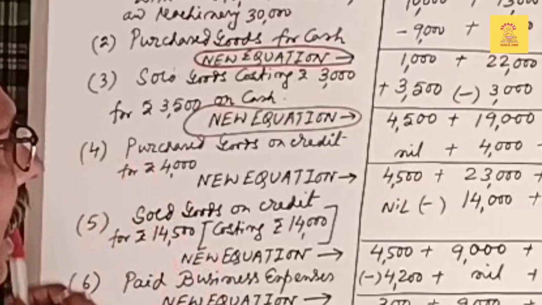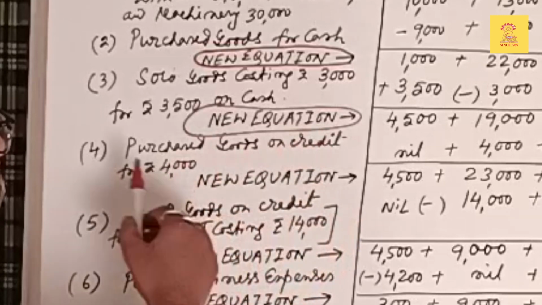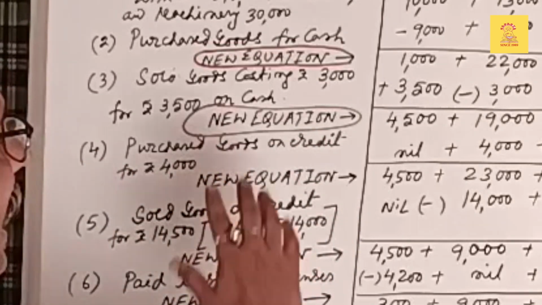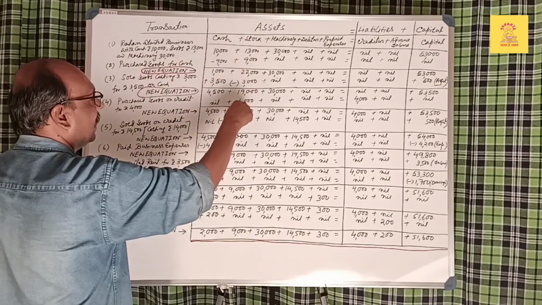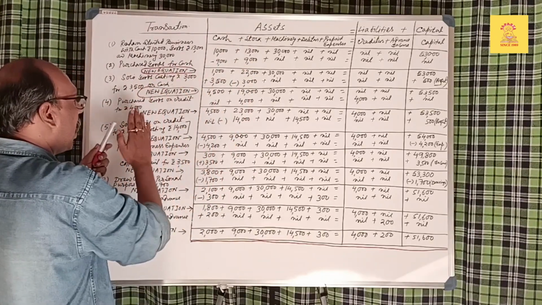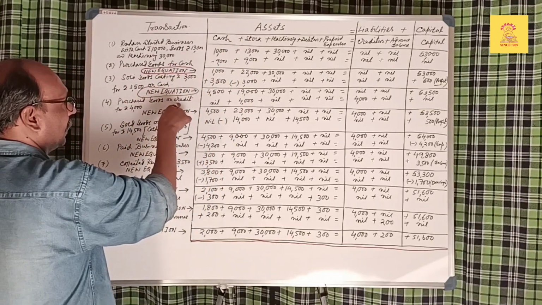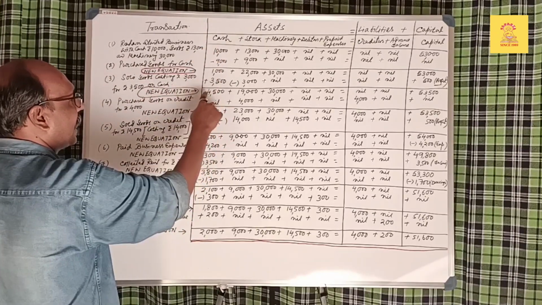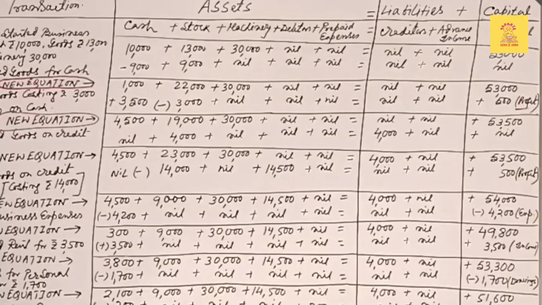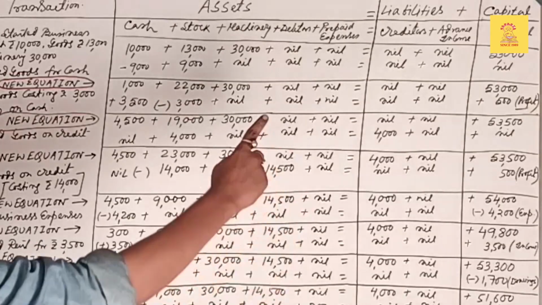For the fourth transaction, purchase goods on credit for rupees 4,000. So stock is inflow. That's why 4,000 is added to stock, and it is a credit transaction. It is not a cash transaction. So it doesn't reflect in your cash. Where will it reflect? Of course, in your creditors.